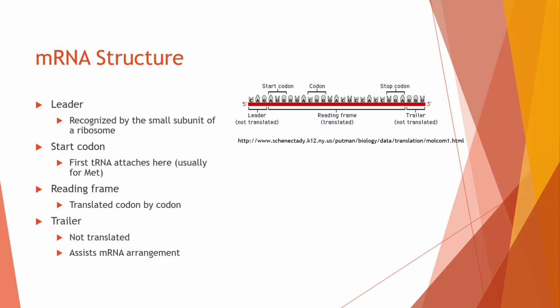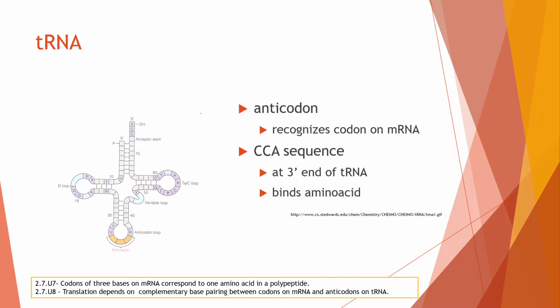The situation is different with tRNA. If you remember, this is the molecule which is going to carry an amino acid to the translation machinery and make sure that it goes to the proper place. The diagram you may most commonly find in various sources is like that.